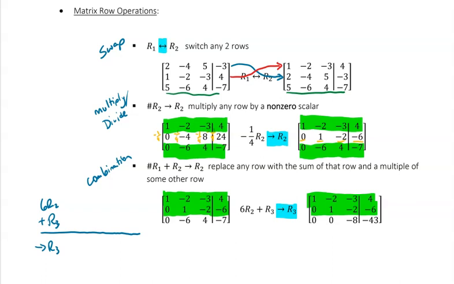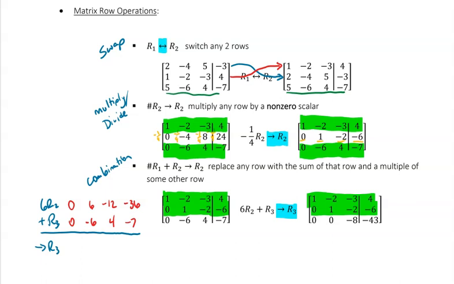So 6 times 0 would be 0. 6 times 1 is 6. 6 times -2 is -12. And 6 times -6 is -36. Plus row 3. So let's write row 3 exactly how it is. So 0, -6, 4, -7.